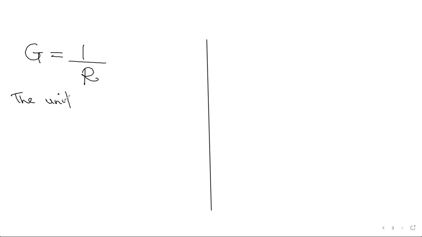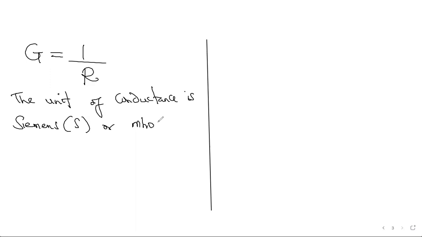The symbol is G. So G is 1 over R. The unit of conductance is Siemens, S, or mho. It's just the Ohm symbol turned upside down. Okay.